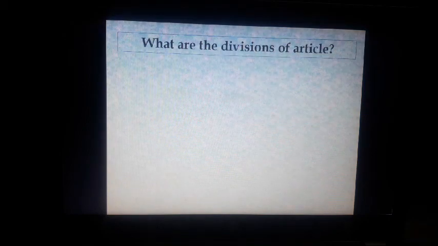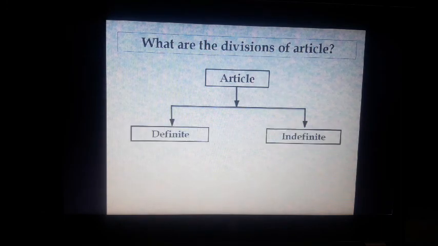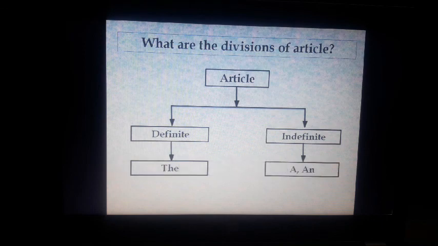Let's see how many kinds of article there are in English grammar. There are two kinds of article in English grammar. One is the definite and another one is indefinite article. The is the definite article and a, an are indefinite article.